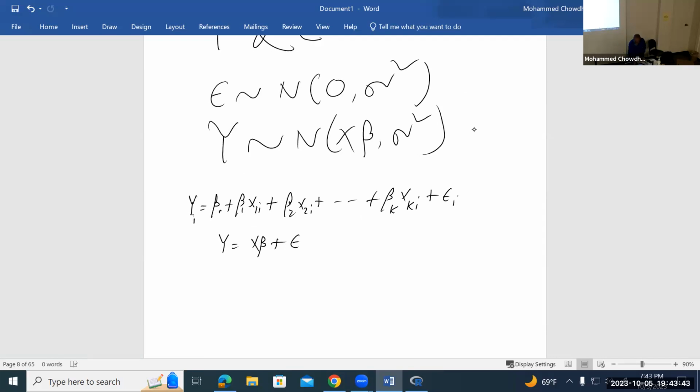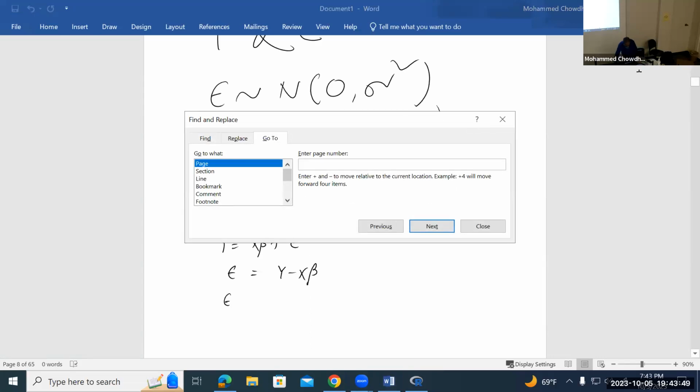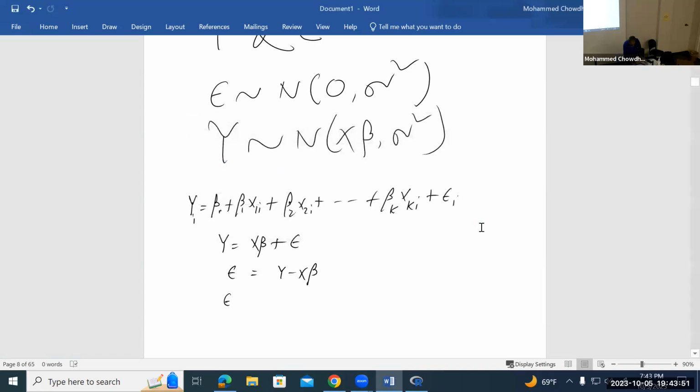Then epsilon could be written as y minus x beta, and finally, differentiating all of these things, you see the result is this closed form solution.